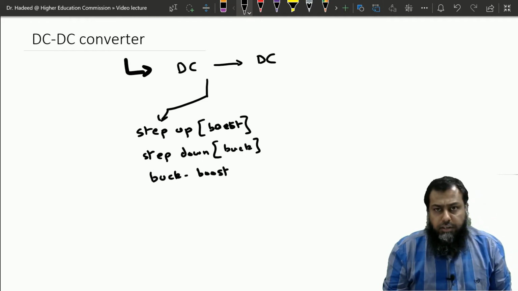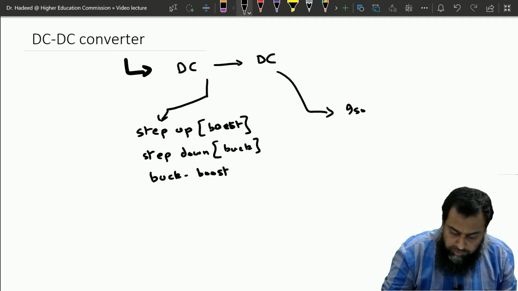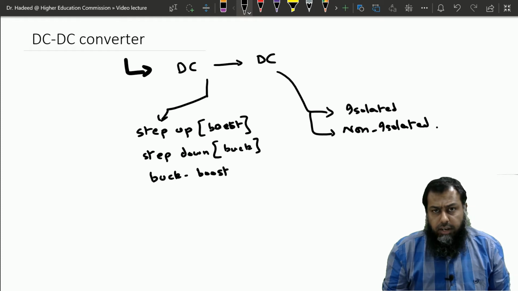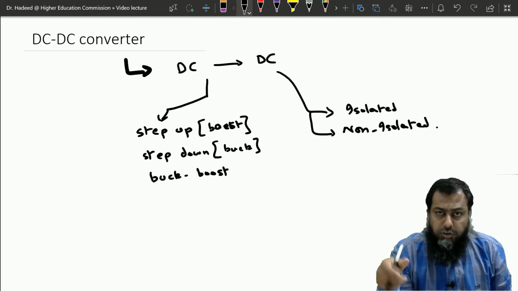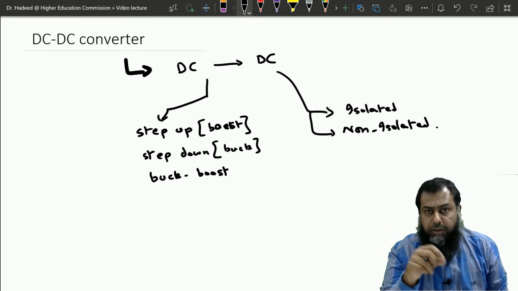Other than that, DC to DC converters can also be classified in terms of an isolated topology or a non-isolated topology. DC to DC converters can also be attributed in terms of the gain that they provide. Some of the DC to DC converters available in the research material provide excellent gain capabilities from the input to the output.